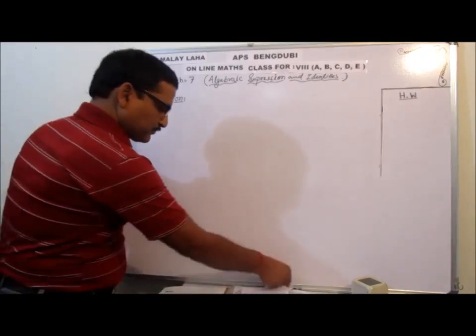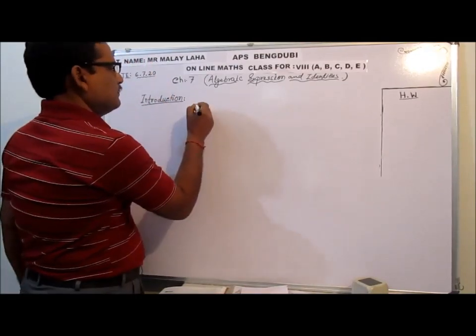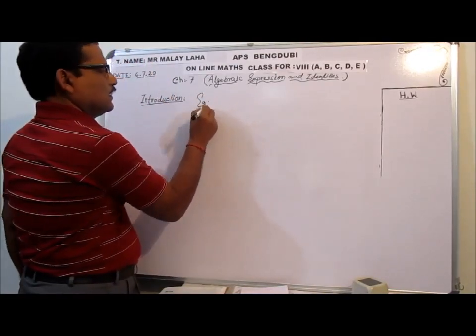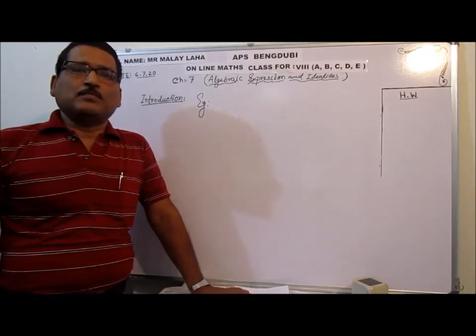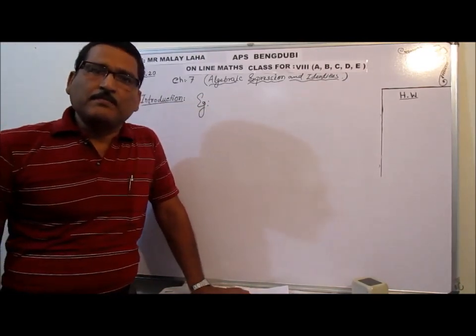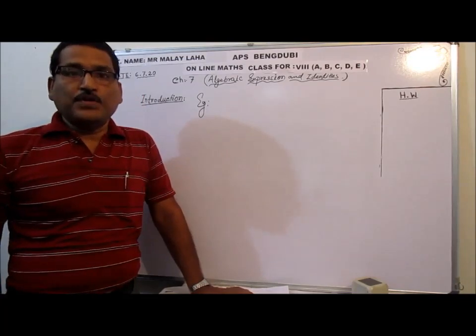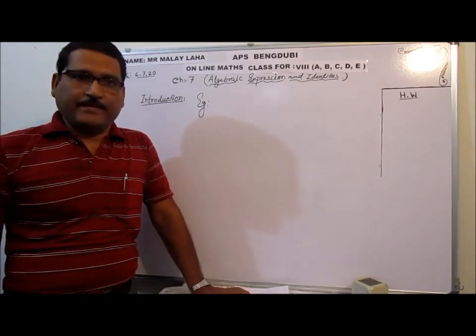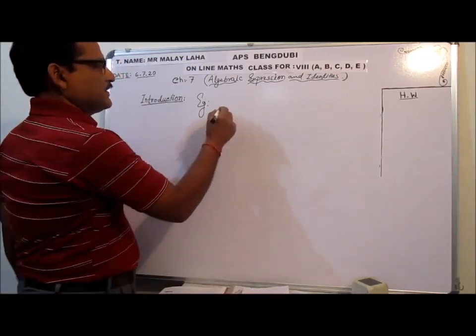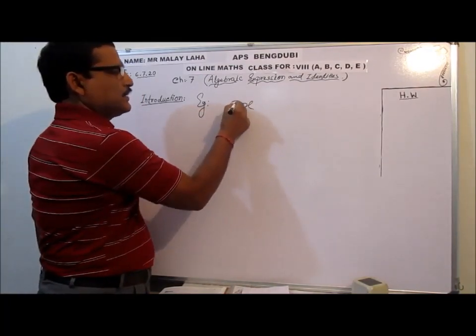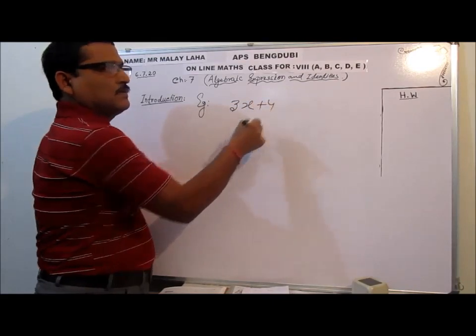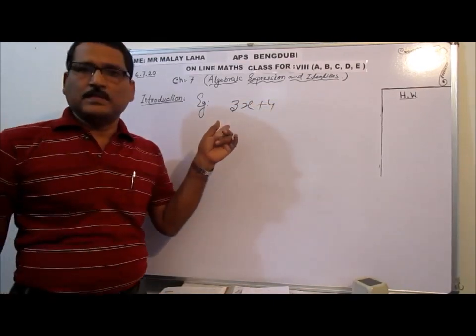Example: say Ram is 4 years more than 3 times his brother's age. 4 years more and 3 times. So let the brother's age be x. So Ram will be what? 3 times plus 4, 3x + 4. So this is Ram's age. Clear?